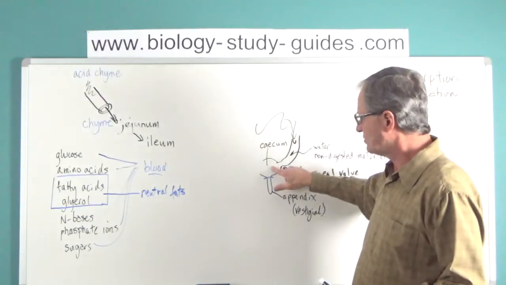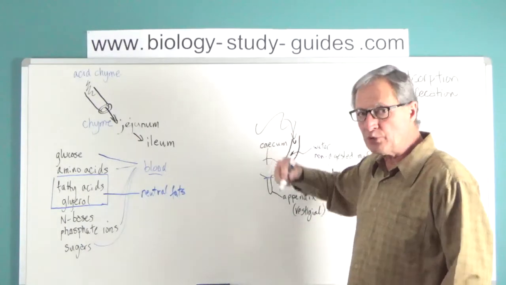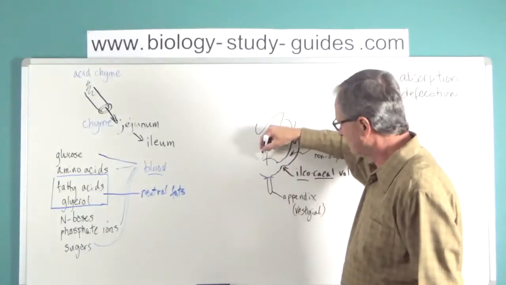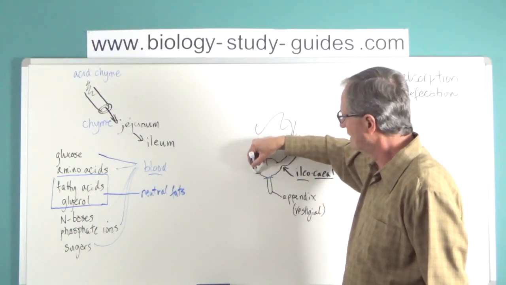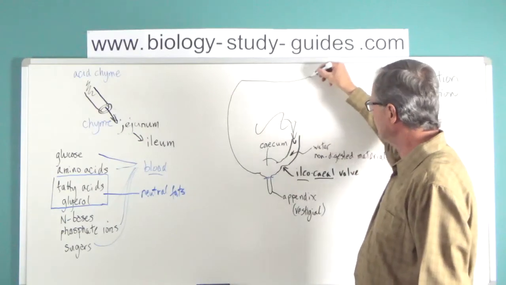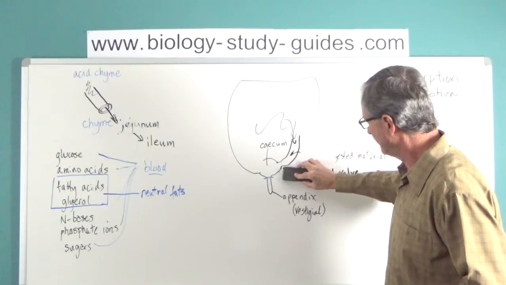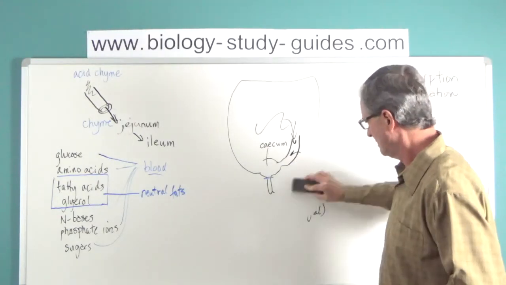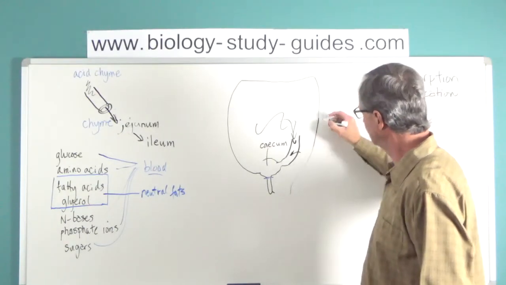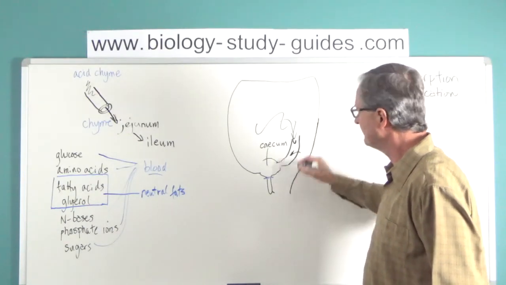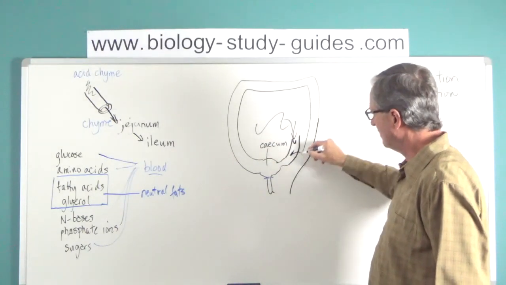The large intestine starts here, and it actually follows a route that goes up and around the rest of the digestive system. So it has a loop that goes up, across, and down. I'm going to erase these words here so I can show you where it goes. Up, across, down.